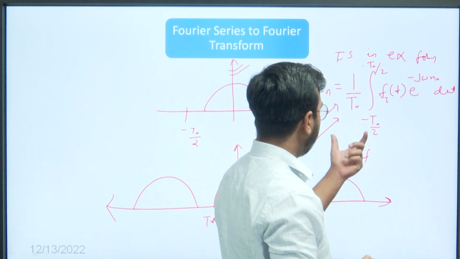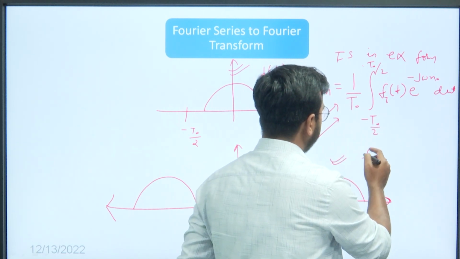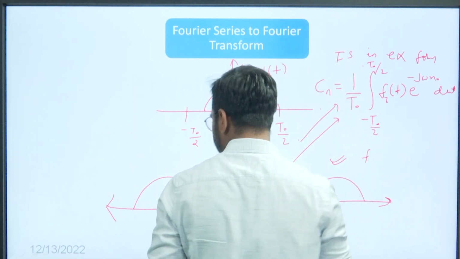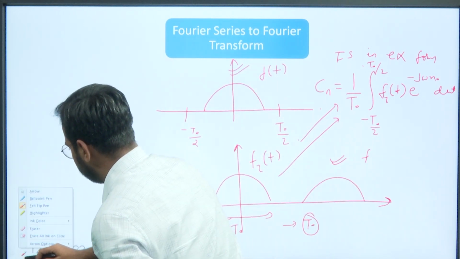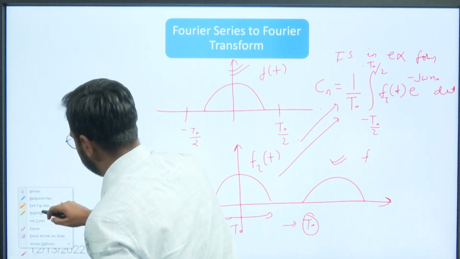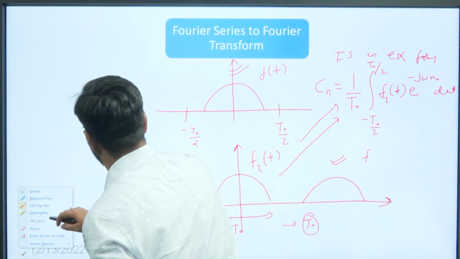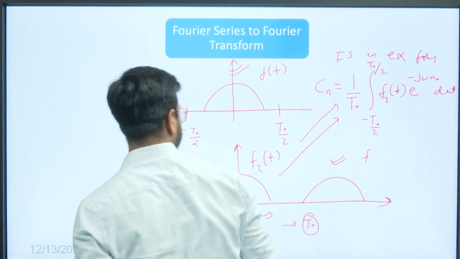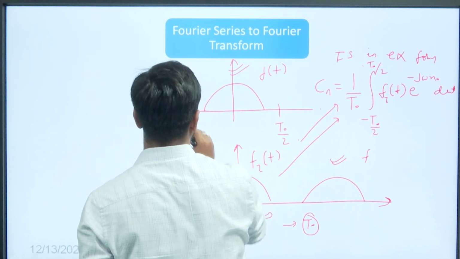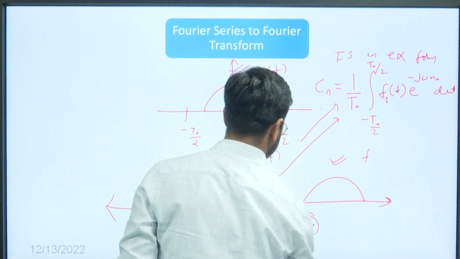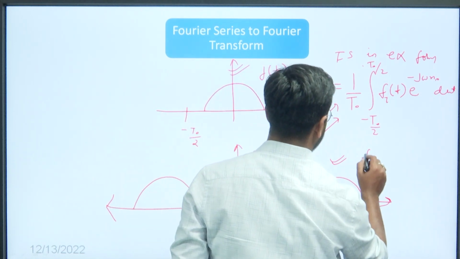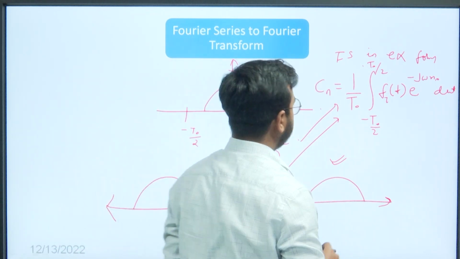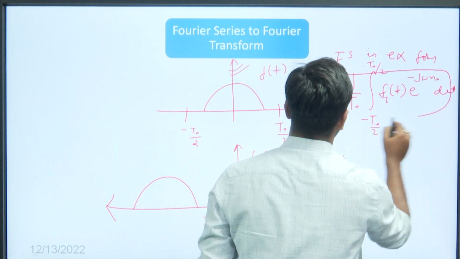Now suppose we write it like this, and let us shift it, so this is what we get as ft.